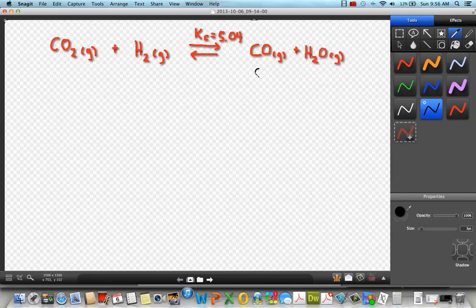We know that at equilibrium we had 0.55 molar, because remember I assumed 1 liter of volume.